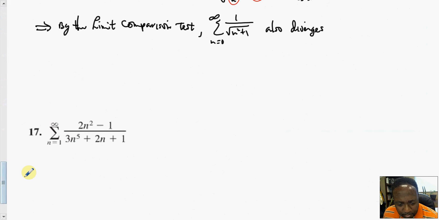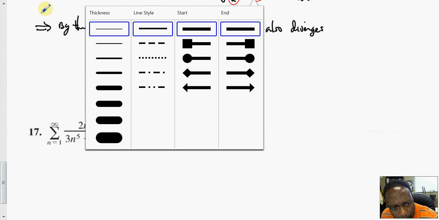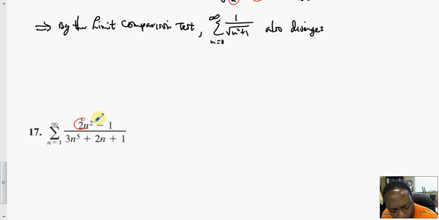Let's see if we got something that converges. Everything is divergent. I don't like to talk about bad news. Let's talk about some good news. So look at the biggest term. It's that n squared divided by n to the 5.